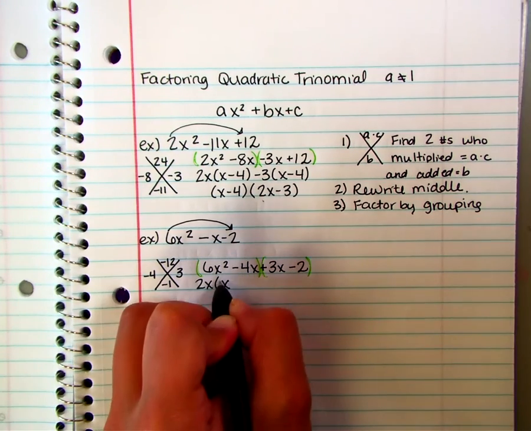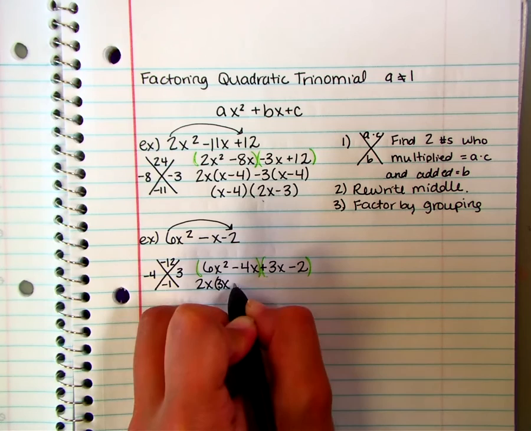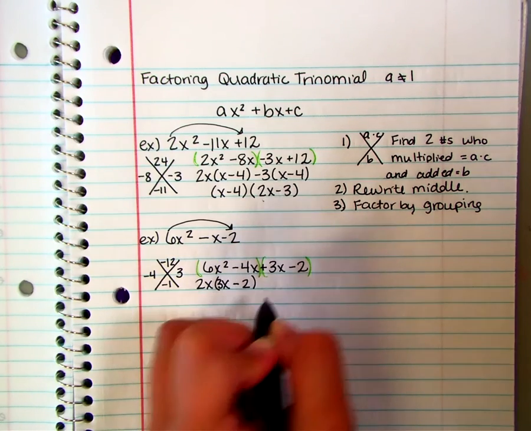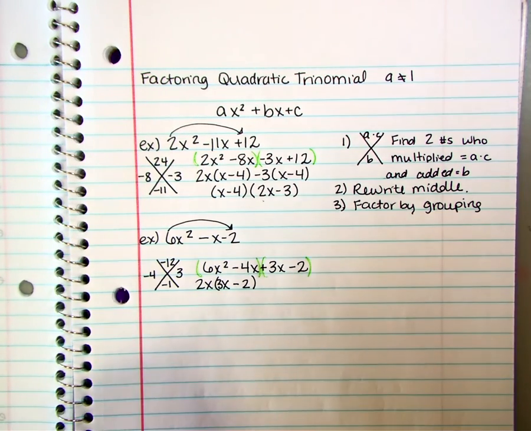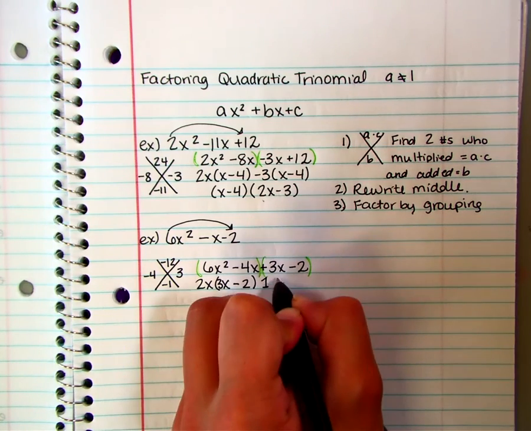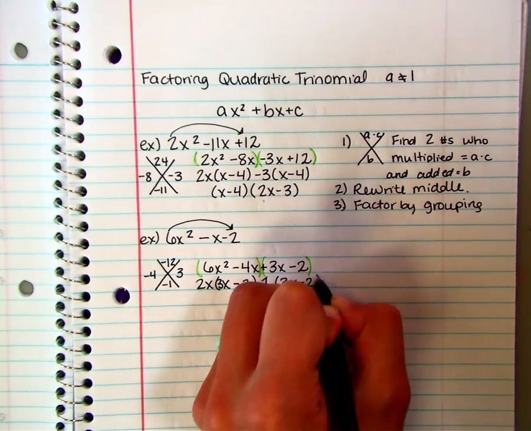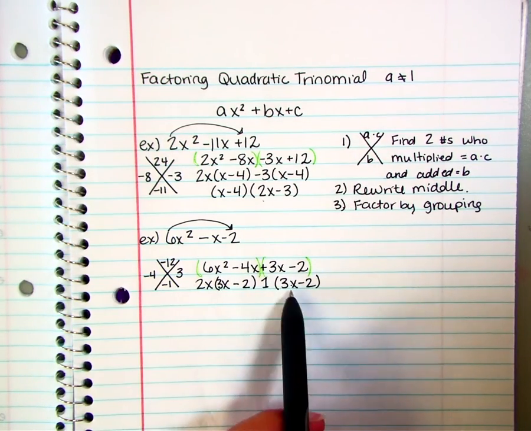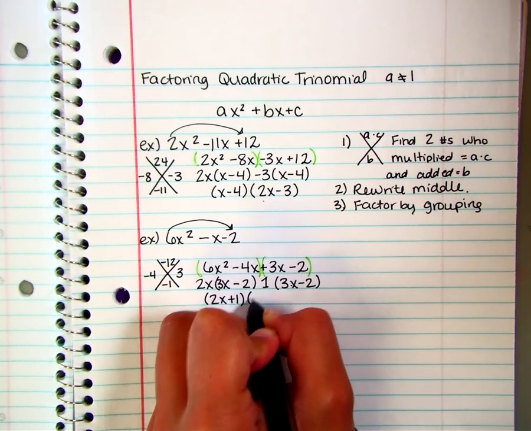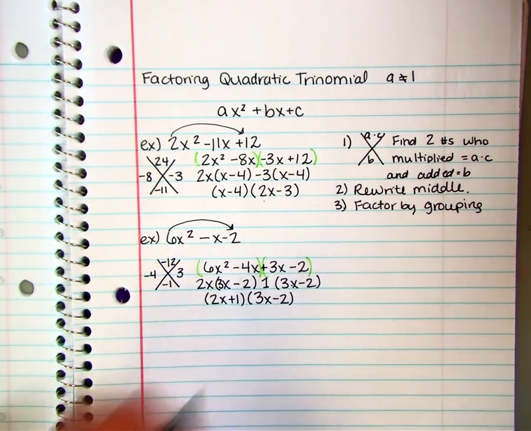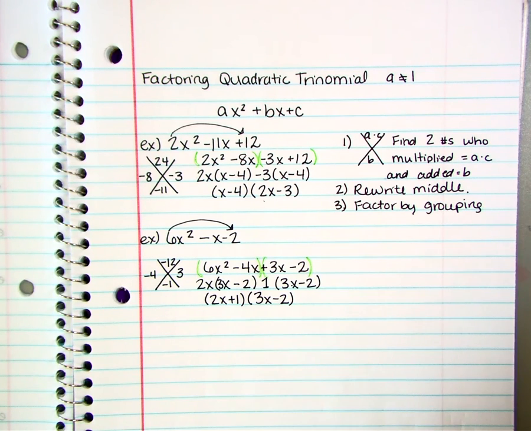That leaves me with 3x minus 2. Over here, we've got a 3x minus 2. They don't have anything in common, so we're just going to take out a 1 as a placeholder. Then my factors are the same. So we'll have 2x plus 1 and 3x minus 2. Voila, it is factored.